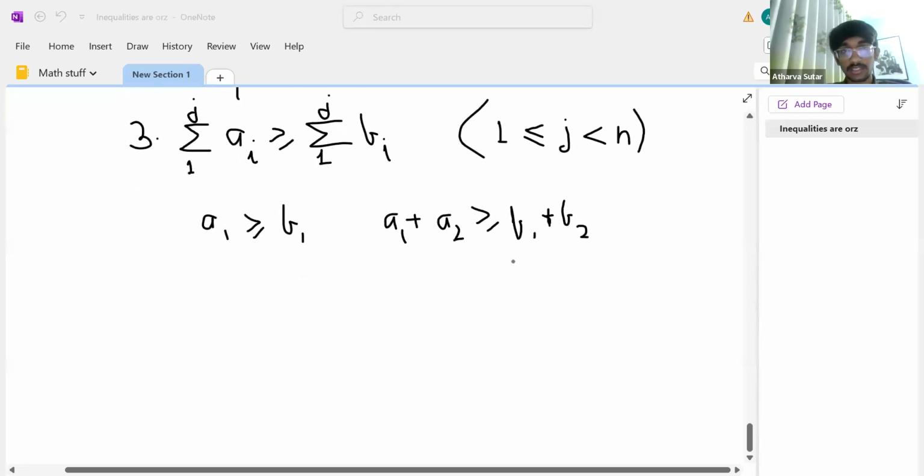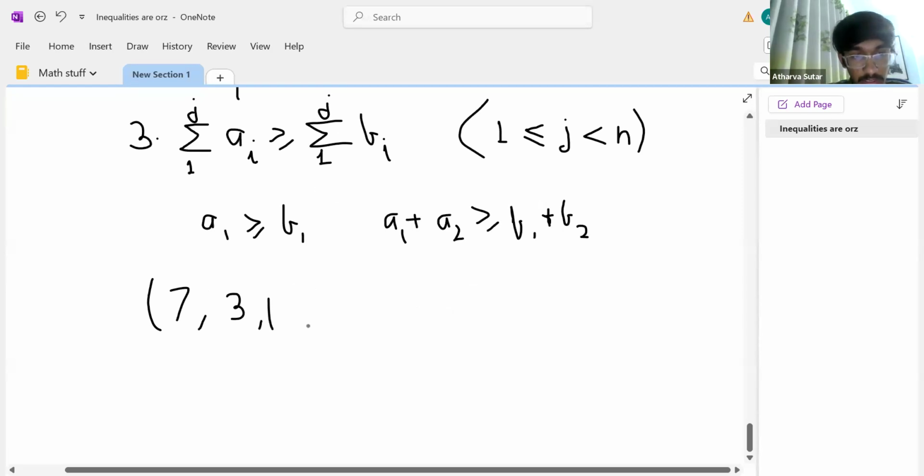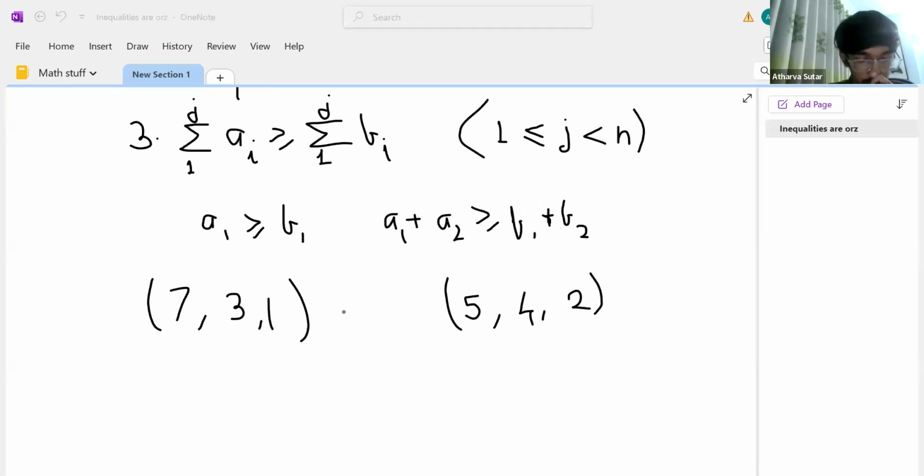I'll just give a small example. If you have a sequence like 7, 3, 1, and a sequence 5, 4, 2, which sequence would majorize which one? 7, 3, 1 will majorize 5, 4, 2.